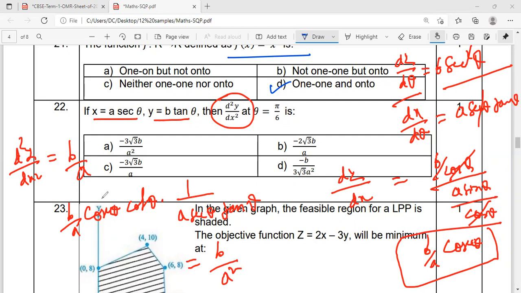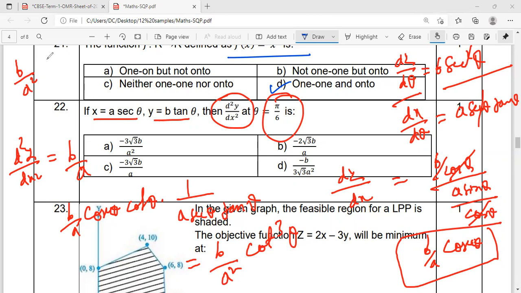If you change this into sine and cos, and cos by sine is cot, so this is cot cube theta. You can simplify very easily. Now b by a square cot cube theta, and theta is pi by 6. So your final answer is b by a square cot cube pi by 6, cot 30.